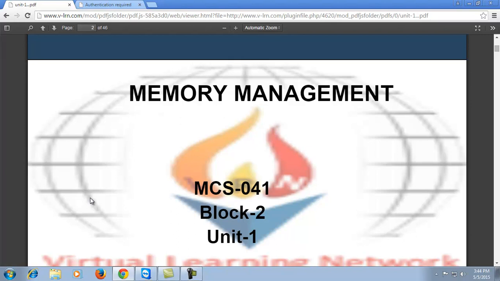The next topic is memory management. This is a very important task in our systems, in our devices, in our gadgets which we are using in day-to-day life. Memory is very much required by us for storing, retrieving, and accessing multiple kinds of data in our system, in our devices.